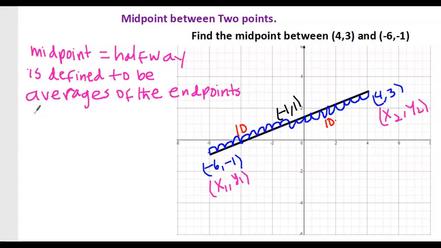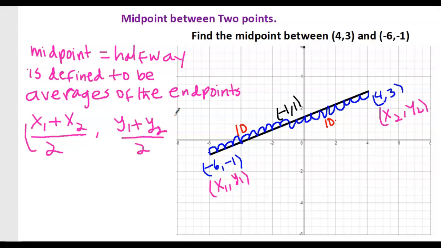So that means we come up with the formula: x1 plus x2, there are two of them, so we divide by 2, and y1 plus y2 divided by 2. Find the average, and that will give us the halfway.